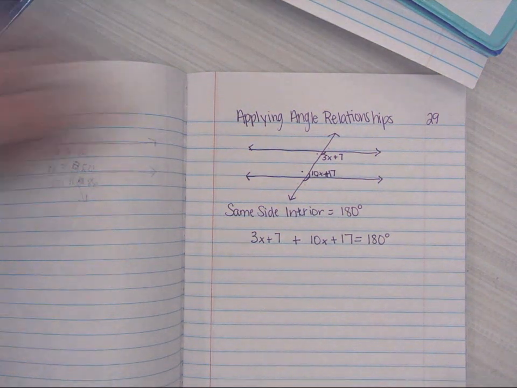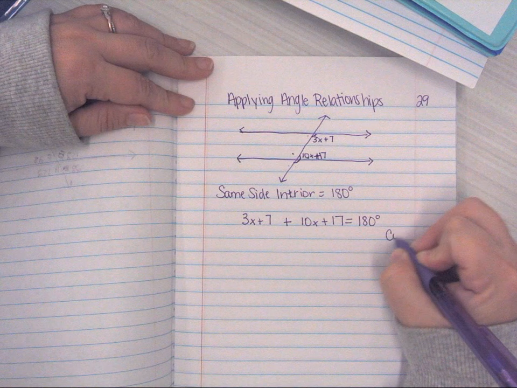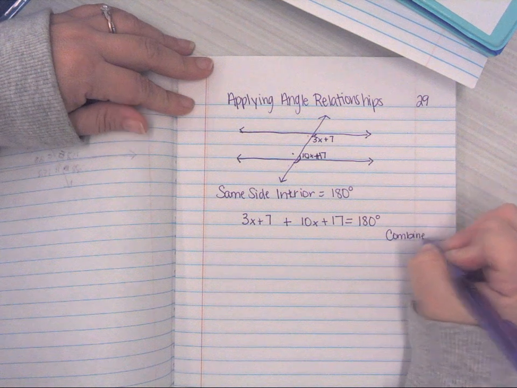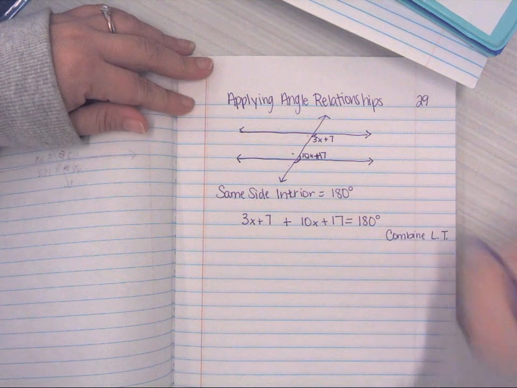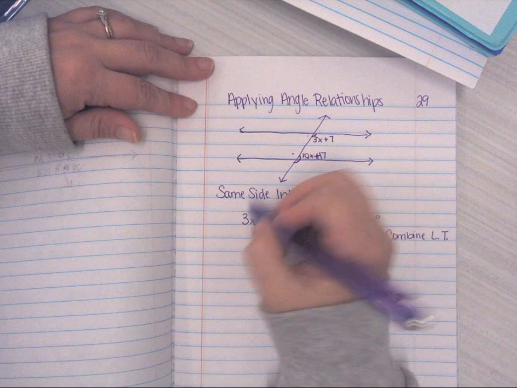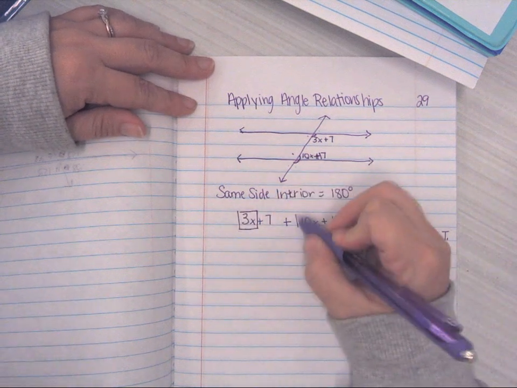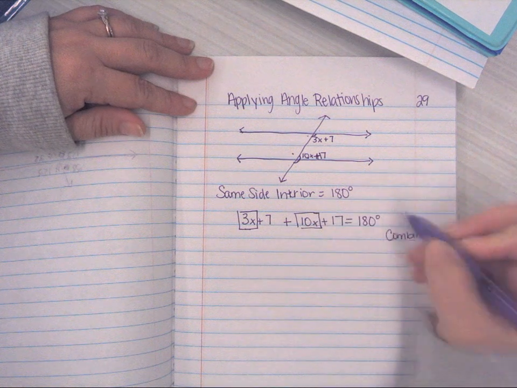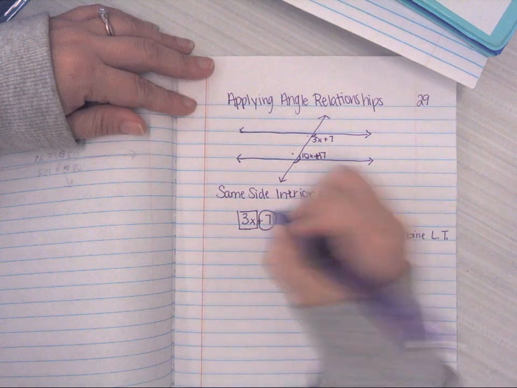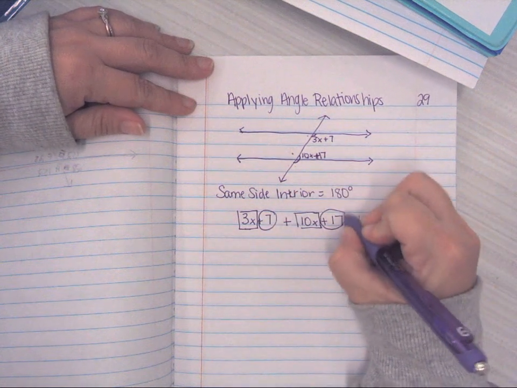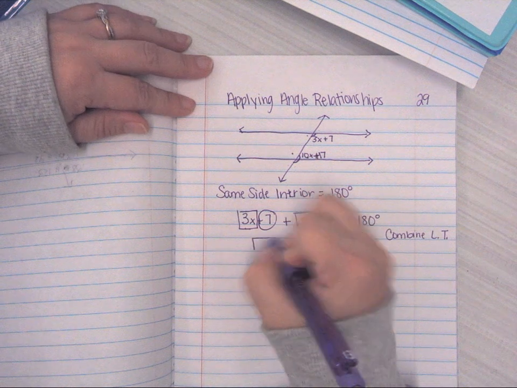So my first step is to combine like terms. Remember, we have to combine the things that are the same. So we're going to block in our variables that are the same and circle the numbers that are the same. Okay, my blocks.